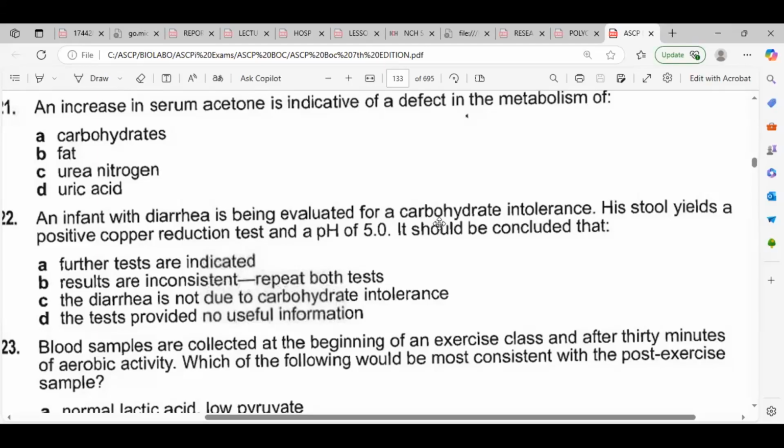The pH is also 5, which is correct. So I would go with C, the diarrhea is not due to carbohydrate intolerance, because if it were, we wouldn't see breakdown to monomers like glucose appearing in the stool.